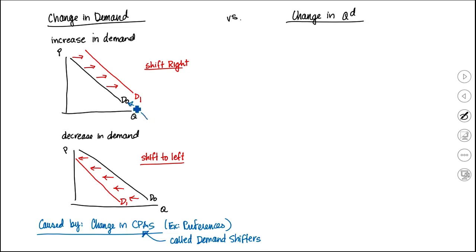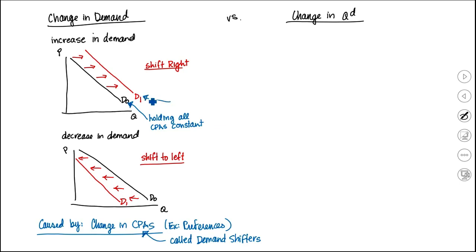If we're looking at a demand curve like D0, at D0 we are holding all CPAs constant. So we're holding preferences constant, income constant. All those things that we're going to cover today are held constant along a given demand curve.